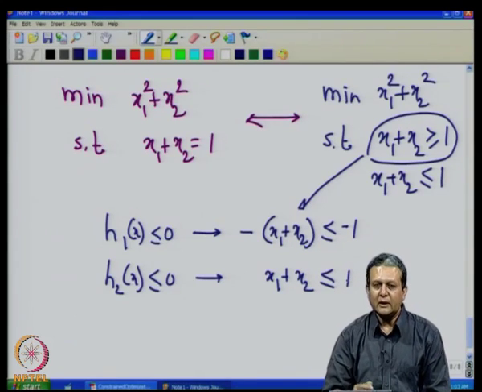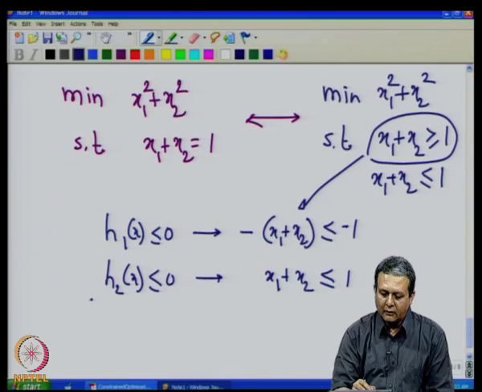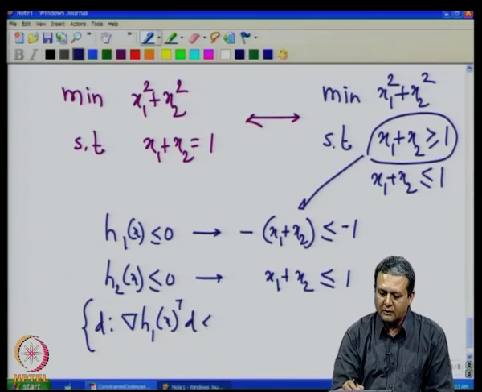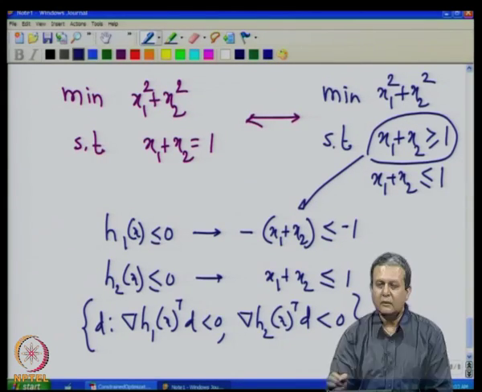Now, you will see that for a given feasible point, if we take gradient h1 x transpose d less than 0 and gradient h2 x transpose d less than 0, that set will be a null set.